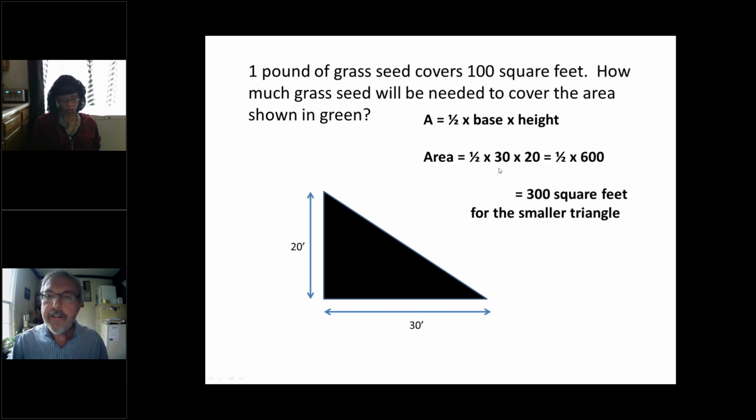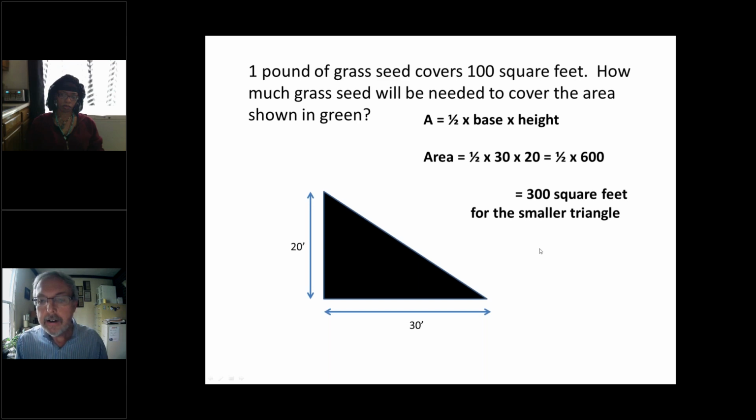So we have the 1/2, we have the base of 30, and we have the height of 20. So when we multiply all those together, we get 1/2 times 30 times 20 is 600, and 1/2 of 600 is 300. So we know that this smaller triangle is 300 square feet.